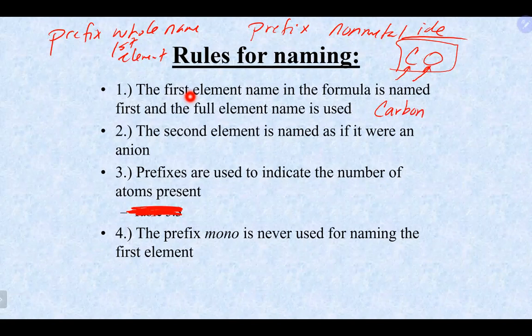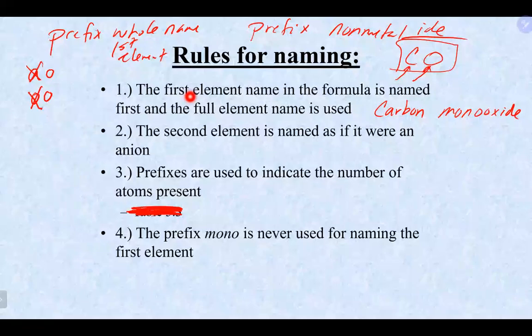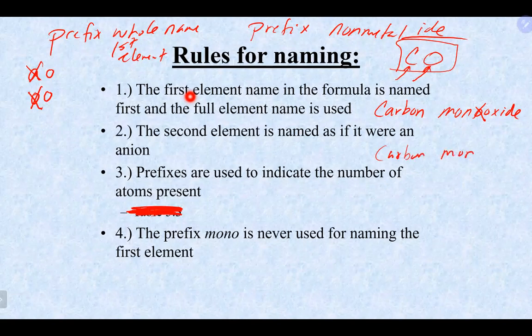But you can use mono on the second name, which would be monoxide. That leads us to the second thing that happens with prefixes: we sometimes get a couple of vowels that roll up on each other, like an a and an o, or an o and an o. Typically, we get rid of the vowel from the prefix. So it's not really monooxide. We get rid of that, and the proper name here would be carbon monoxide.